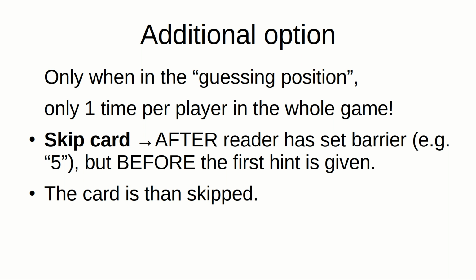But you have to be mindful, because this option is only a one-time option in the whole game, okay? So each player has this option one time in the whole game. It is not necessary that both players take this option at one card. So if player red says, I want to skip the card, player yellow should be silent and not opt in with his option, because it makes no sense, okay?